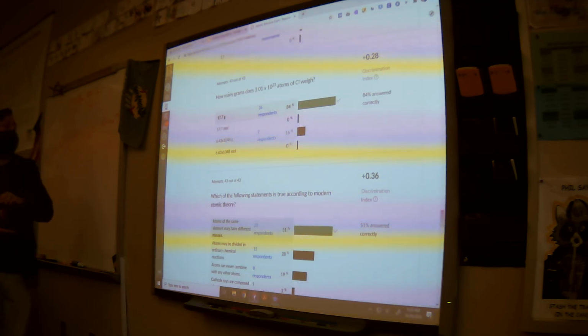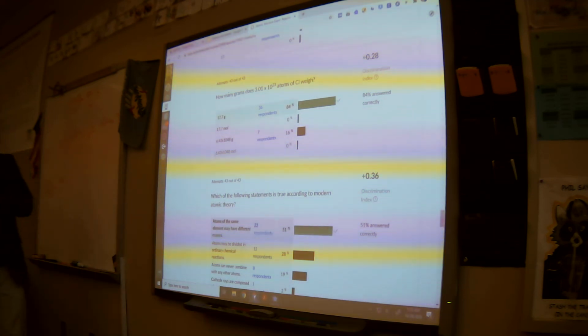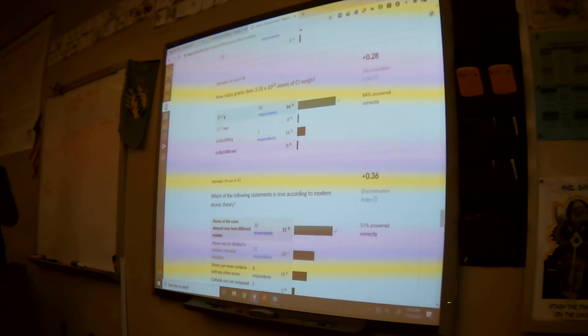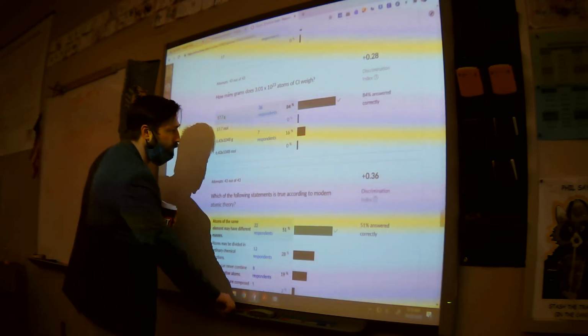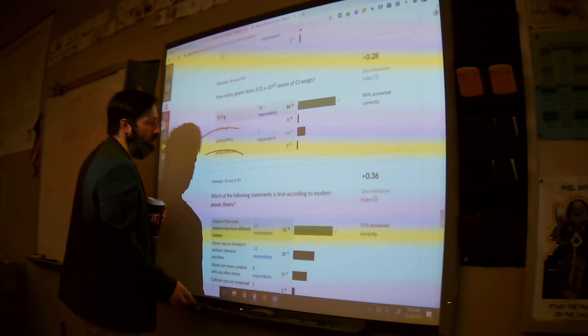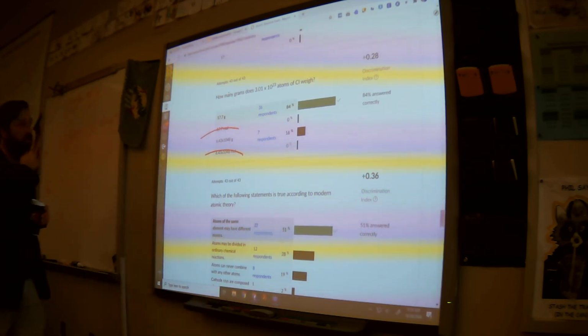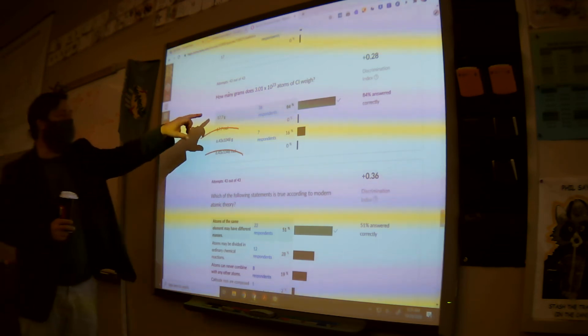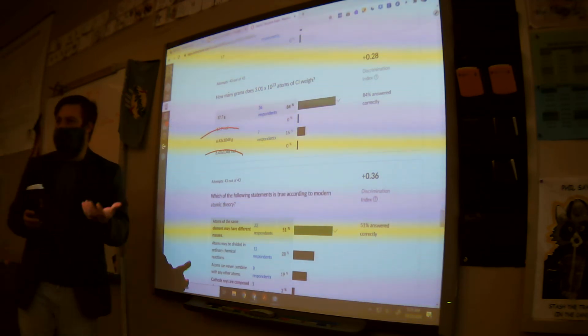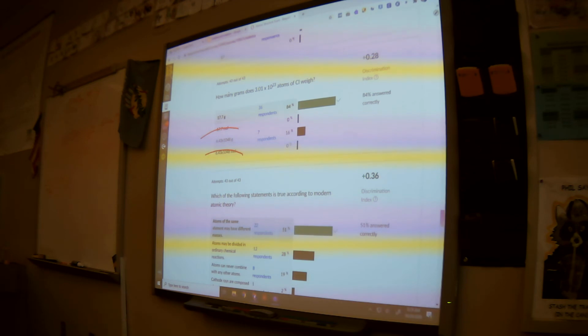Okay. How many grams does this many atoms of chlorine weigh? Again, most of you guys are getting this idea. You can get rid of the obvious ones that you need to get rid of. And now we have 2 options. We have 17 grams, which is about the size of a container, something I can hold in my hands.